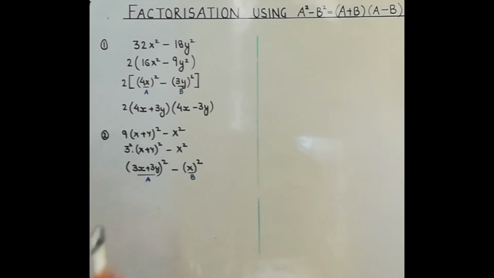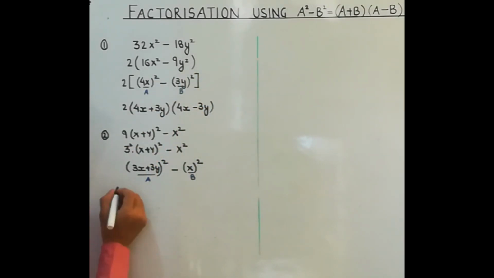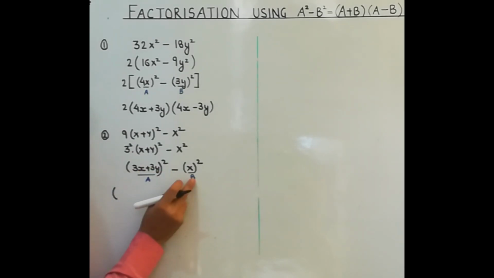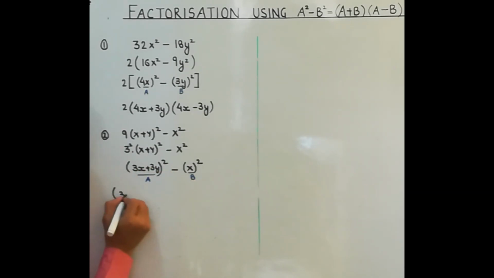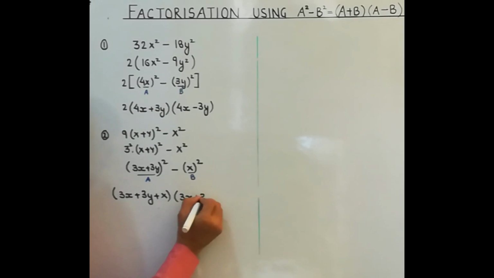Whenever we get a square minus b square form, we can apply that formula. In the first bracket, you are going to write a and then plus b. This is your a and then plus b, and b is x. In the second bracket, a and then we have minus b.